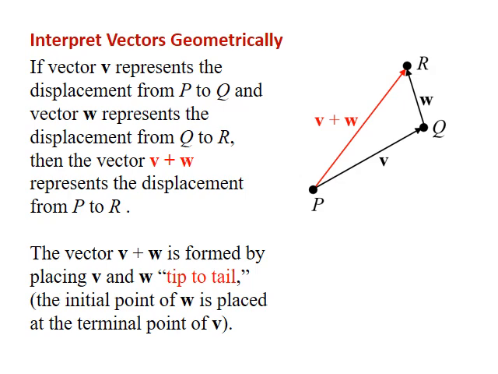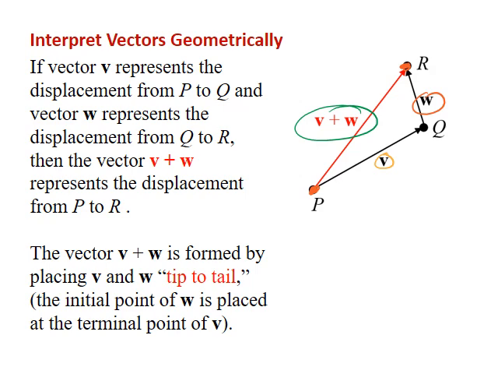So here we have a couple different vectors. We have vector v and we have vector w. And sometimes we will want to find the displacement between this point and this point, which is represented as v plus w.